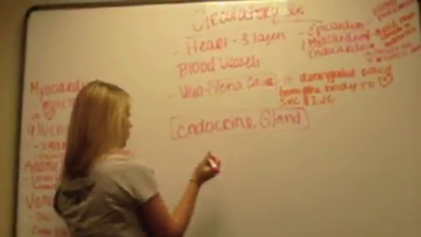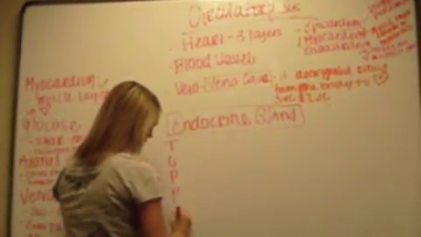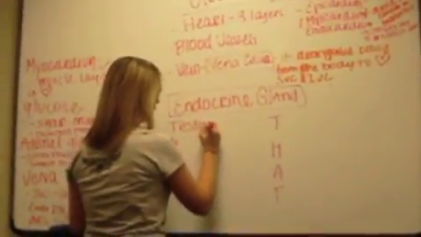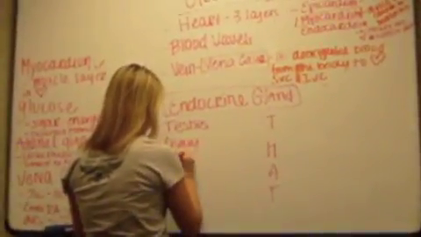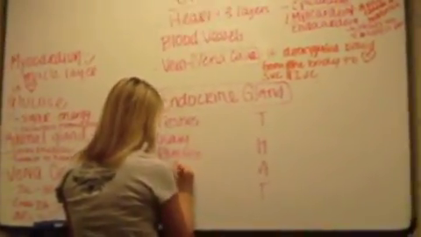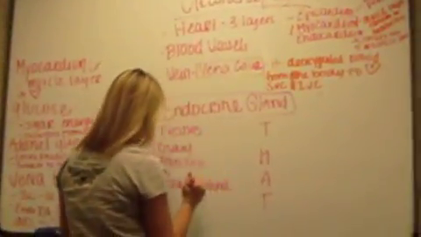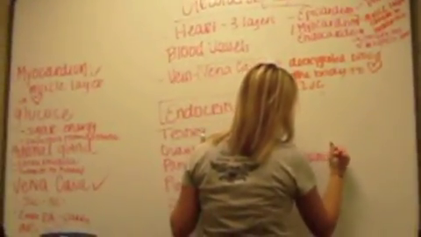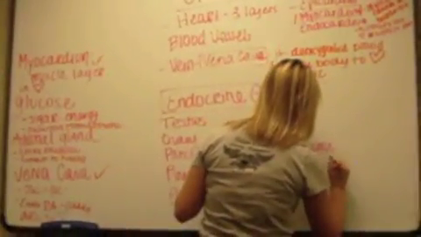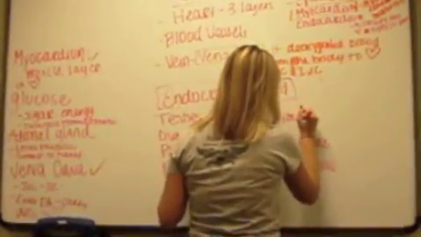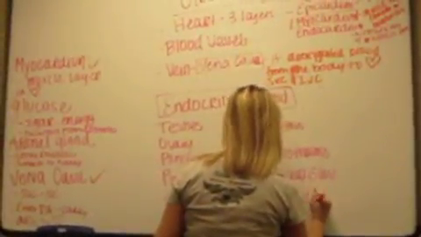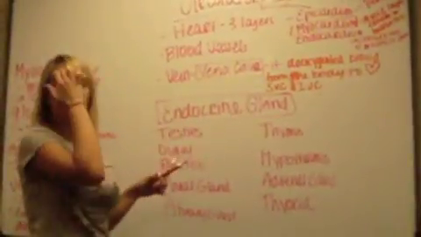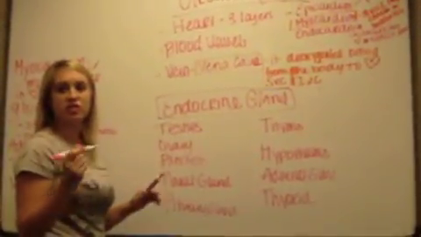Your endocrine has a bunch of organs in it. These are just all the organs that are in your endocrine system, which is your slow-acting hormone system.